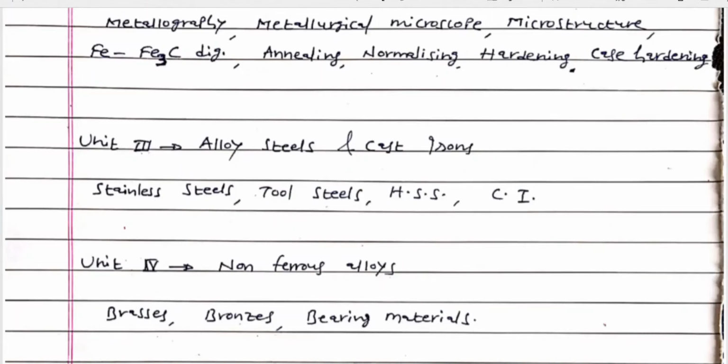Another term is cast iron. This is the second category of iron carbon alloys. In cast iron, the carbon content will be more than 2%, while in steels, the carbon content will be less than 2%.